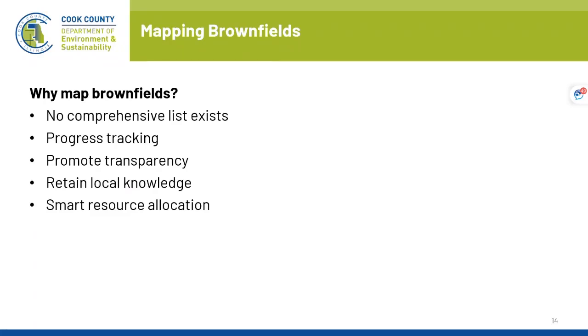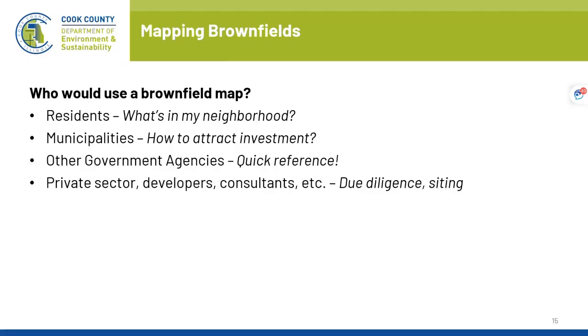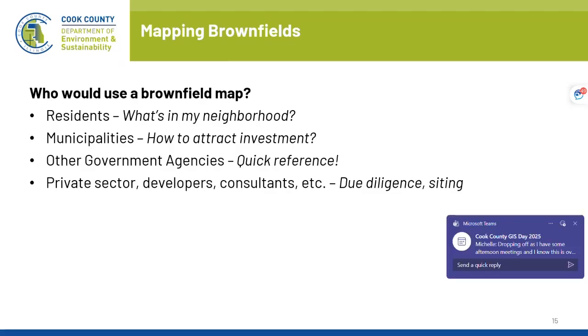And it's helpful to make sure that that information is recorded so we know what happened at these sites. So retaining local knowledge and then smart resource allocation. We see that certain portions of the county have a higher concentration of brownfield sites, and you'll see that through our mapper. So, if we know where the brownfields are, we can make sure to address them.